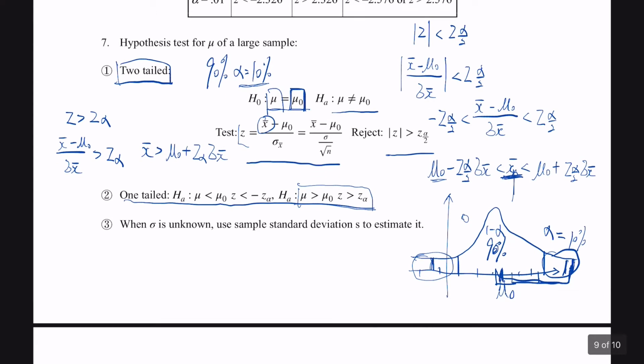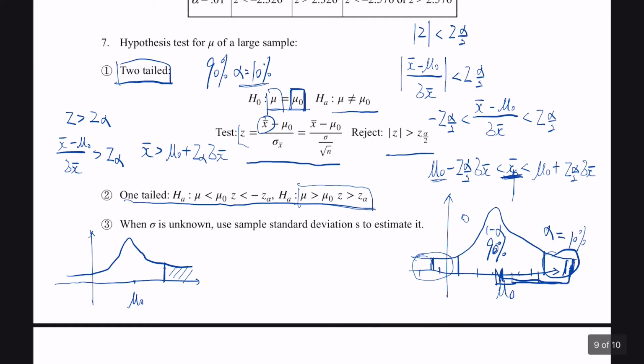So if we draw the distribution, X lies in this range, and this is the situation where we will reject.